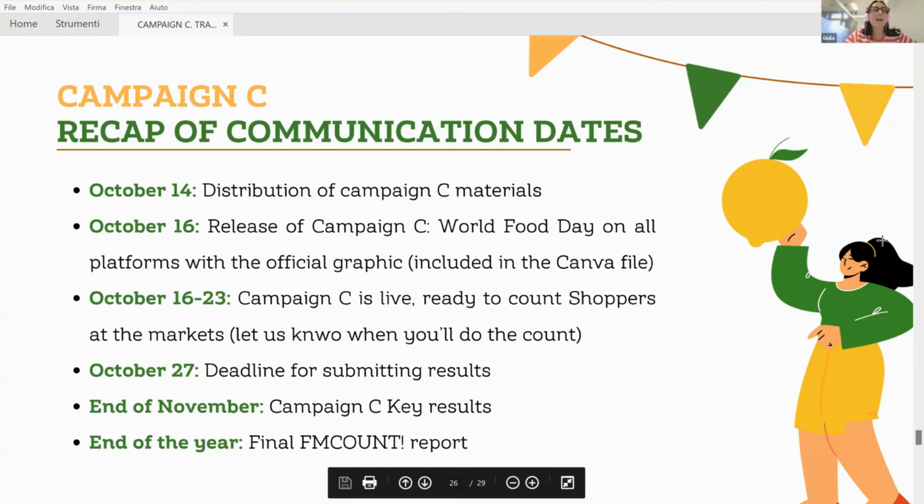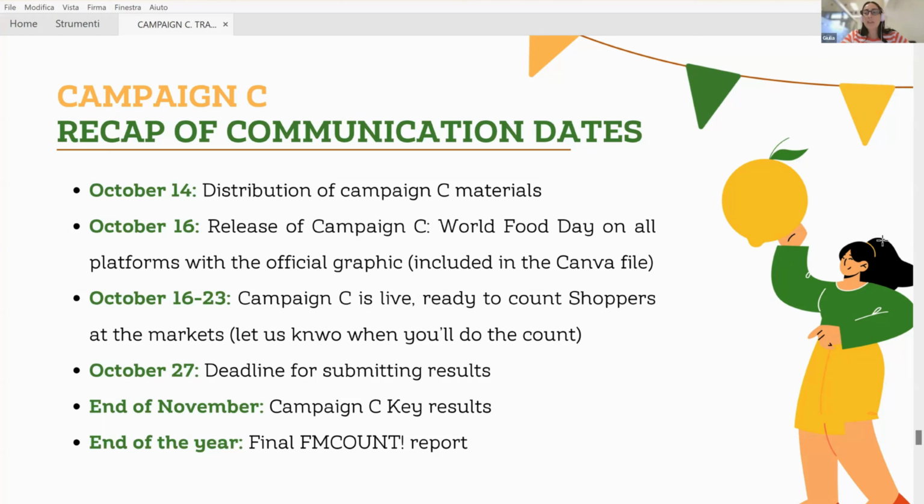So with the dates, just let us know when you're doing the counting, even if it's a few days after the 23rd of October, that will not be a problem. Just let us know, so we will wait for you. And then please enter your results by October 27. We can check in with the people that will do the count later, but the official deadline is October 27.